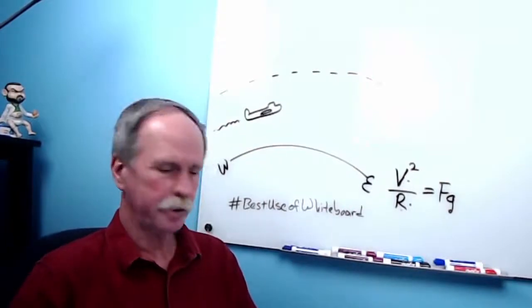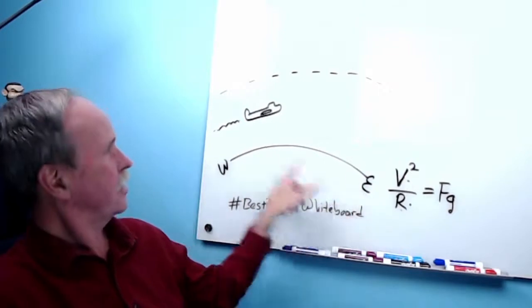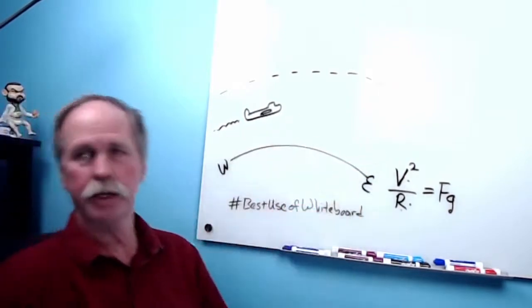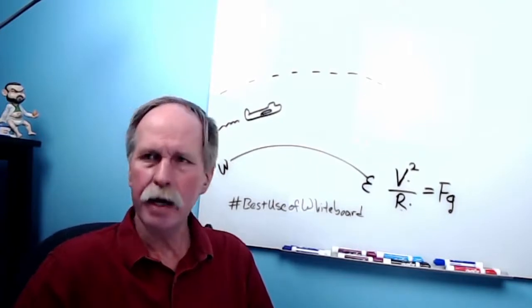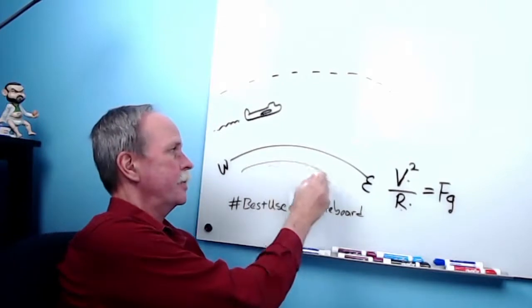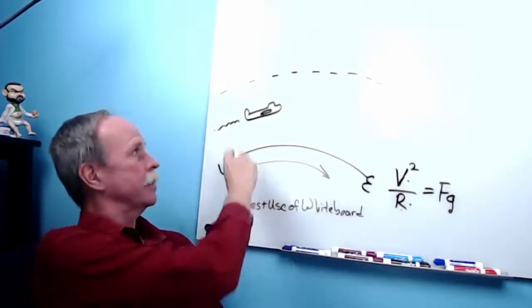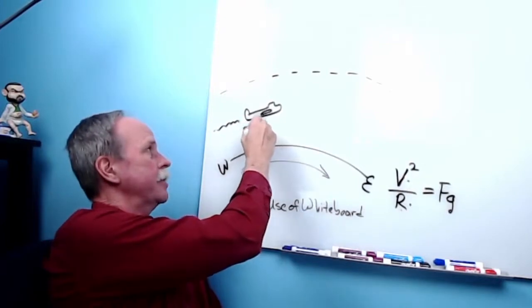Now the fun begins. Say we have an aircraft going from west to east above the surface of the Earth. Now, it's going along at a higher velocity than the rotational speed of the Earth, which is in that direction. So the plane's velocity is the rotational speed plus the airspeed.